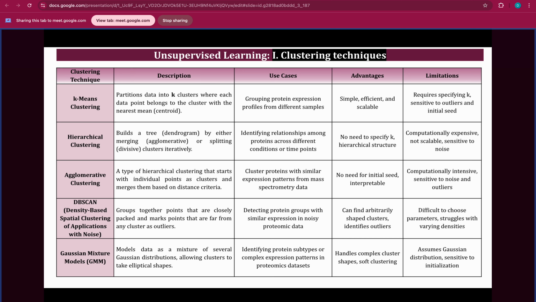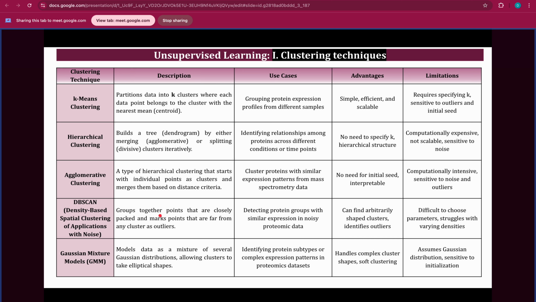That's why it is based on density. Where density is high, it will make one cluster, and the points which are far away from those density-rich regions, where the cluster size is very small and the neighbors are not closely present, will be termed as noise. That is known as DBSCAN.